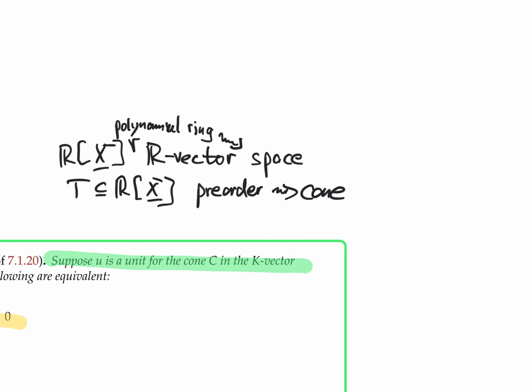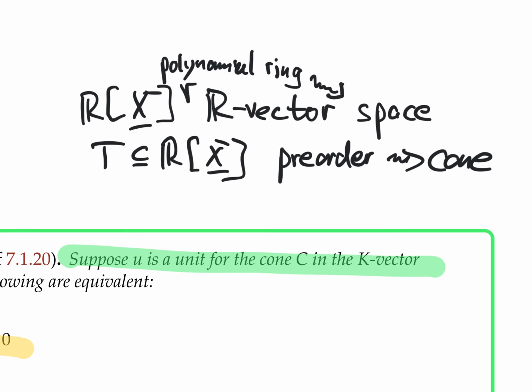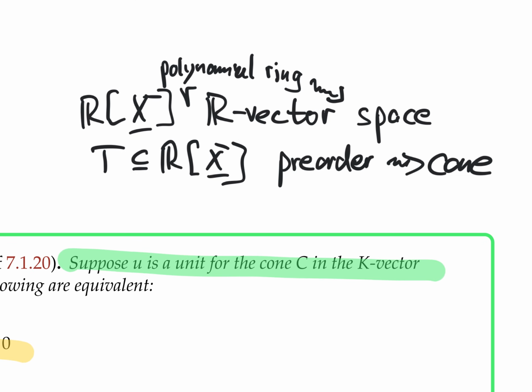So now look again at this situation here. If we have a polynomial which is non-negative, which has a 0 somewhere, then can it actually be a unit?